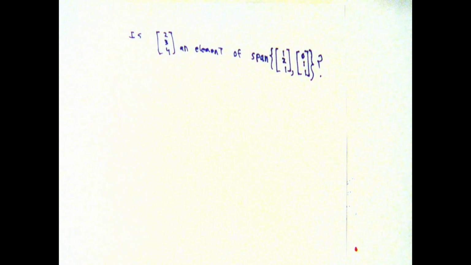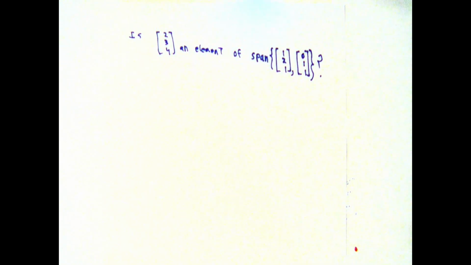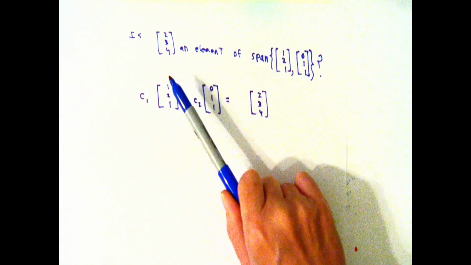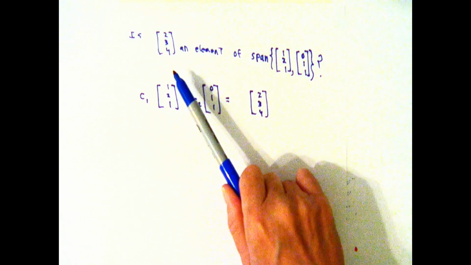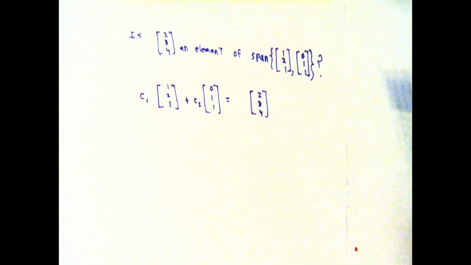Is every point in 3-dimensional space attainable by taking something out of the span here? We'll have to calculate and see. Let's look into this issue. Yes or no? Can I write the column 2, 3, 4 as some member of the span of these 2 things?